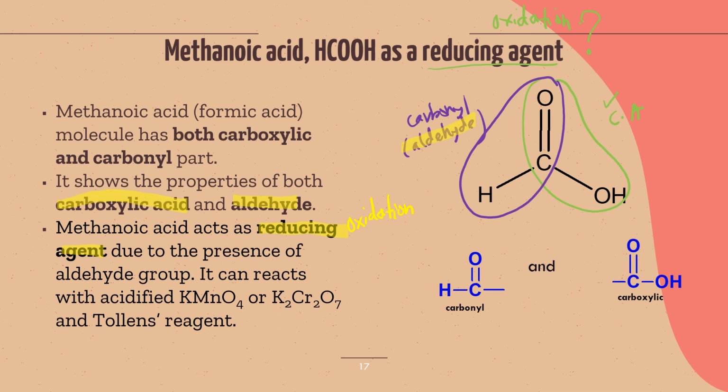Okay, so methanoic acid can undergo oxidation due to the presence of aldehyde group. So it can react with acidified KMnO4 or potassium dichromate and Tollens reagent. Okay, so that is the properties of the methanoic acid. Walaupun it is one of the carboxylic acid and it can no longer undergo oxidation sepatutnya, tetapi with the presence of this carbonyl group, maka this methanoic acid can still undergo oxidation or becoming reducing agent.